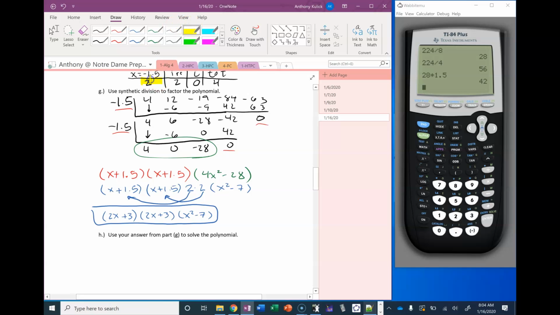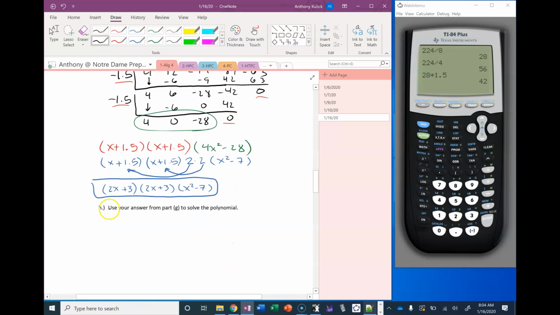Well, I knew that I could only use this 2 times. Because they're irrational, I can't use them, so I had to stop. And that's okay, because what I was left with was a quadratic that is perfectly solvable, right? So if I go then to solve this and set each of these pieces equal to 0, I get negative 3 over 2 for each of those.